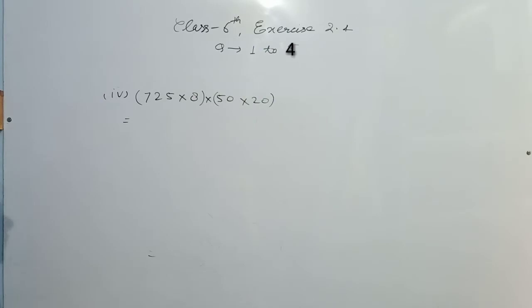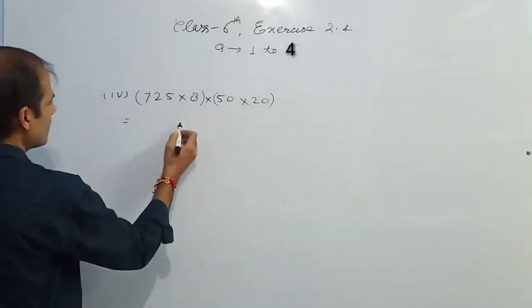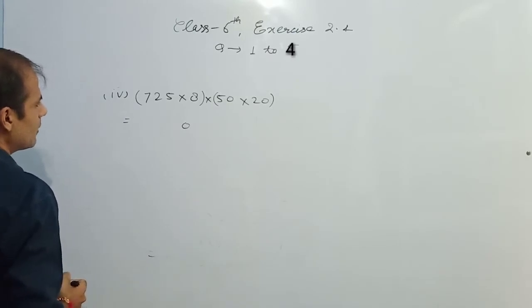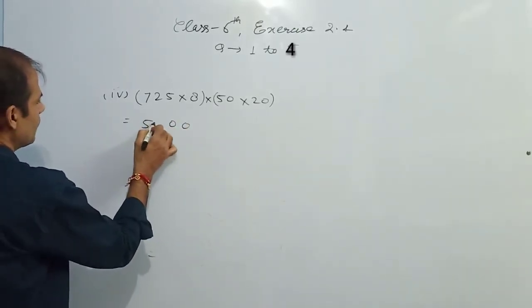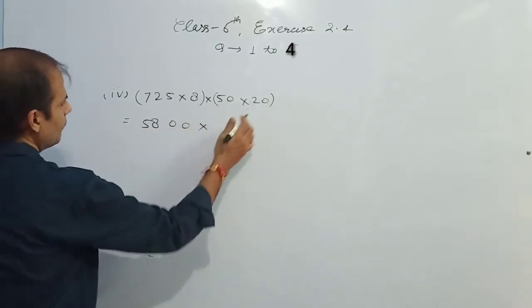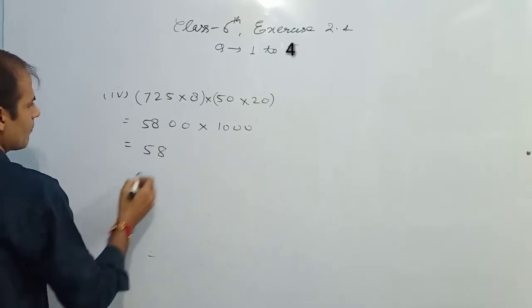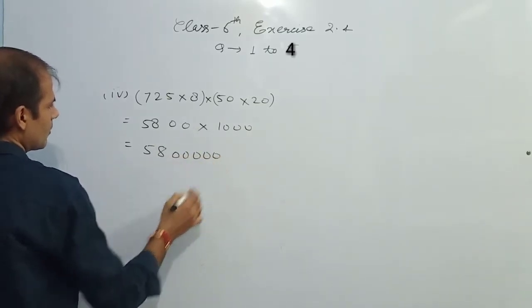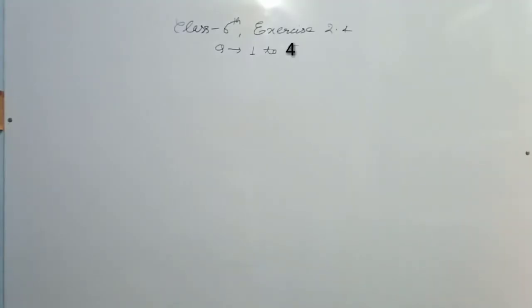You don't need to change the order. So multiply these. 8 into 5 is 40, 4 carry, 16 plus 4 is 22, carry, 56 plus 2 is 58, into 50 into 20 is 1000. The answer will be 58 lakh.